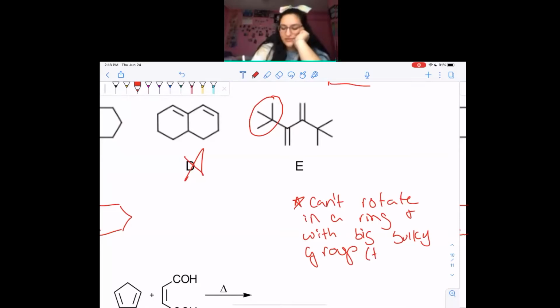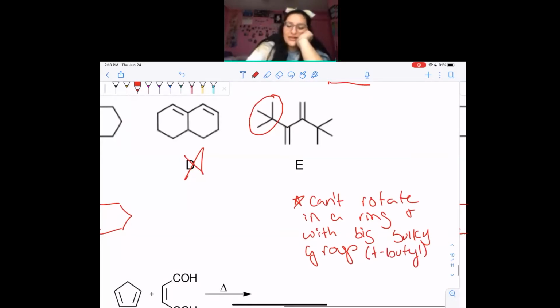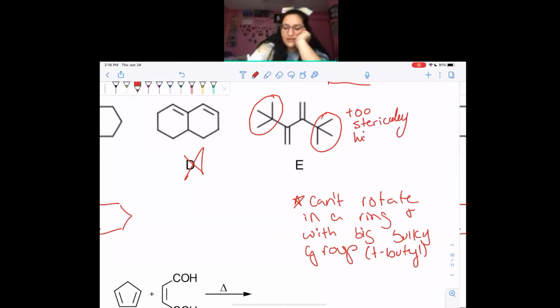So if we have two tert-butyls, it is too sterically hindered, as someone said, to rotate. So it's not going to rotate. So this one cannot undergo Diels-Alder.